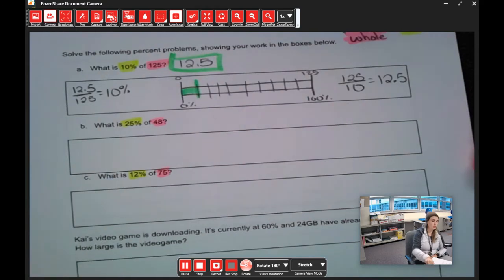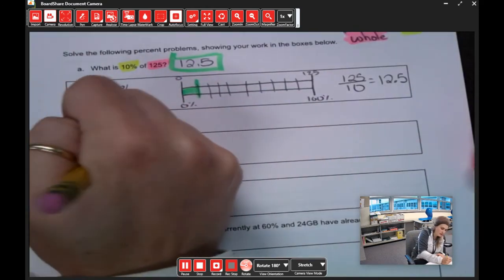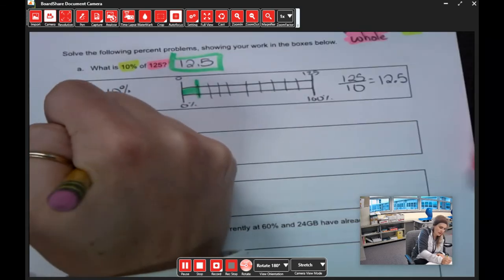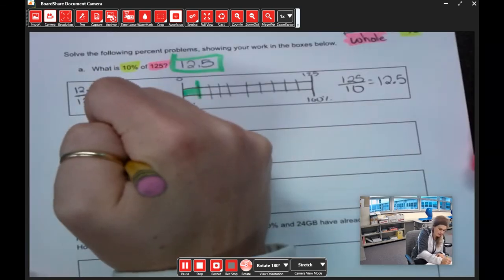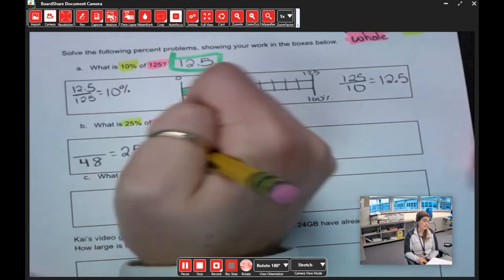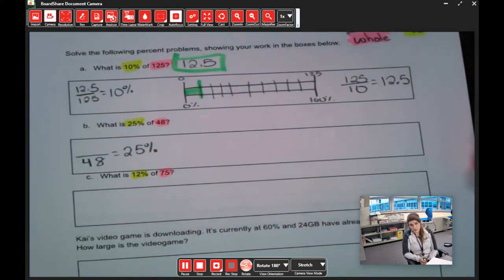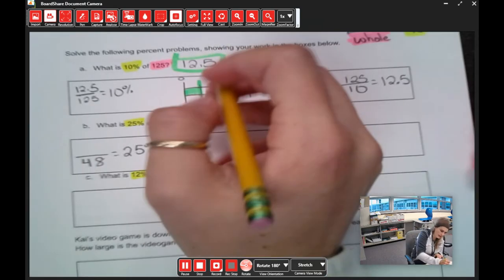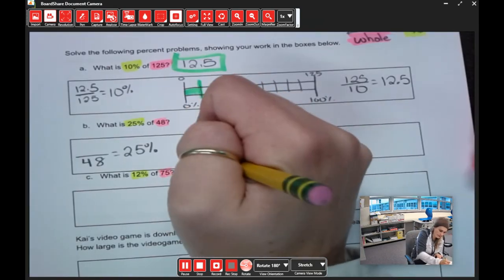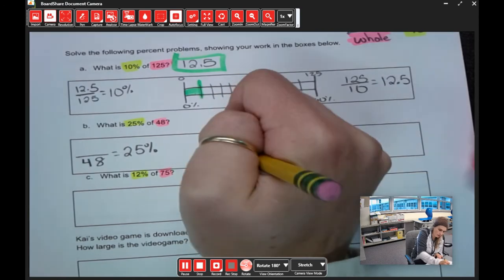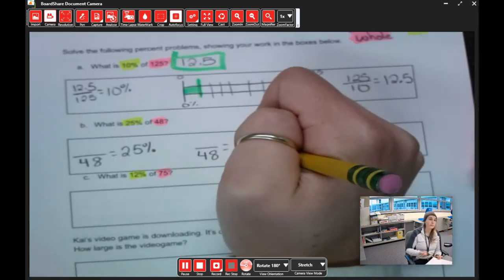The next one is 25% of 48. So my whole is 48, and I want to find 25%. I'm going to use equivalent fractions to solve this one because I know that 25% is equal to 1/4.